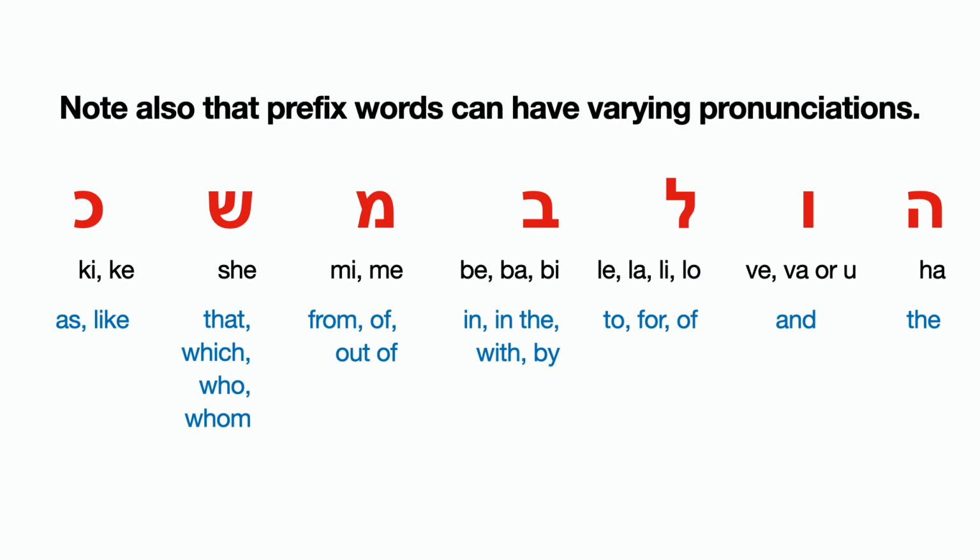So it's really important to recognize these Hebrew prefix words, because when they are attached to the word that they refer to, they're just written as one. So being able to distinguish it is about instant recognition of these words.